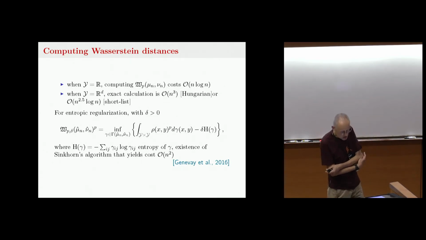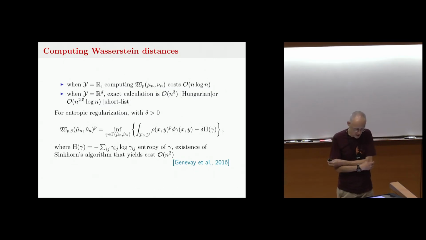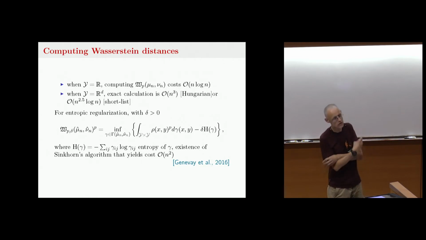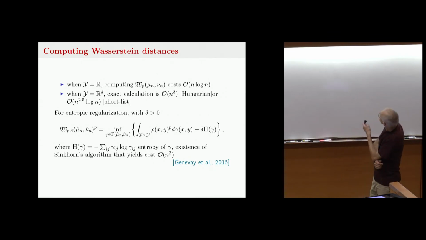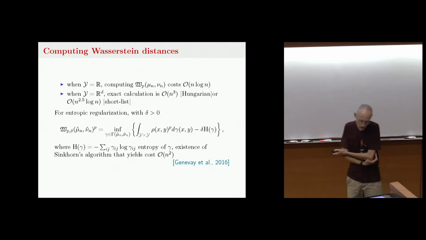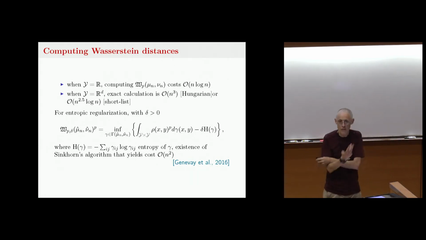But there do exist loopholes to exploit to bring either lower bounds or converging approximations to the exact Wasserstein distance. So, for instance, there is a version that regularizes the original Wasserstein distance by an entropy factor, delta H of gamma, gamma being again the joint distribution, that reduces to n^2, which is not yet absolutely fantastic, but that's a reduction.